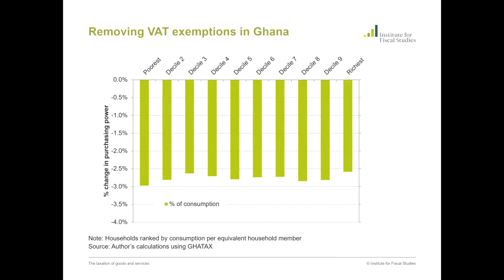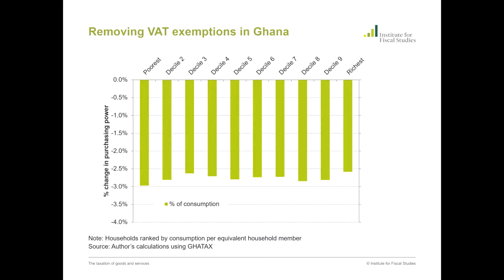So what's going on here is we're looking at the case of Ghana, which has a range of VAT exemptions for things like basic foodstuffs, public transport, pharmaceuticals, most of which we think are probably aimed at distributional objectives.